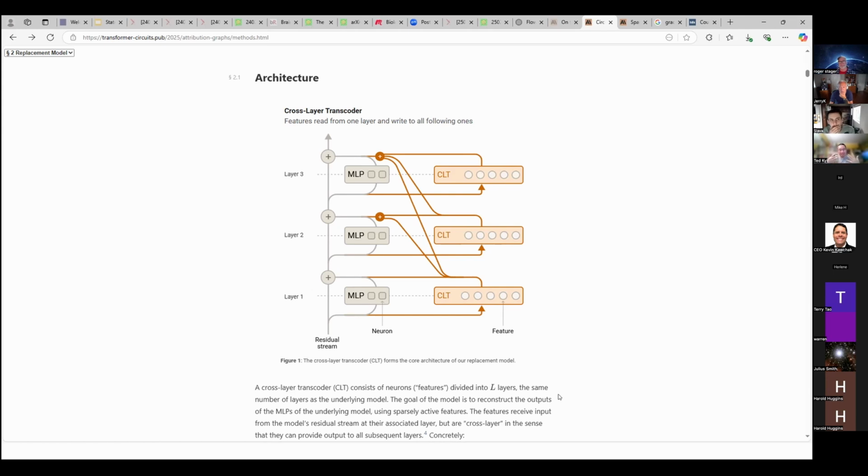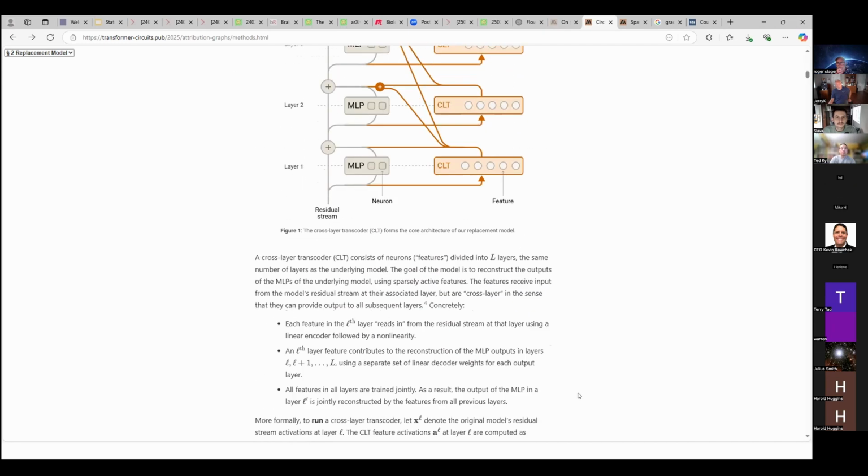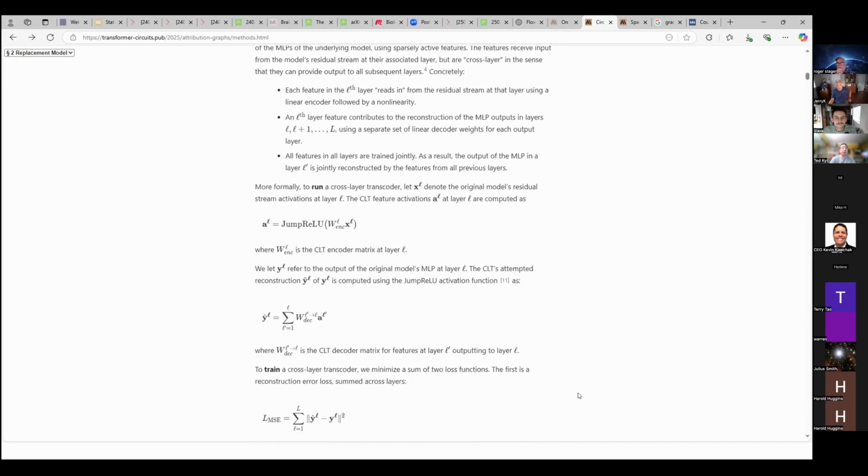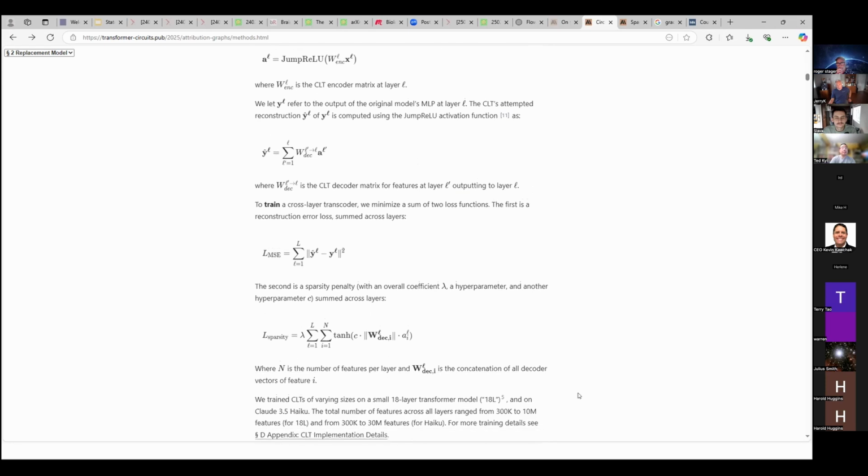But it's a 36 times more complicated thing that we're training, so to speak. And they have some details in here where they show some data that proves that the amount of error that they have from this CLT is lower than the error you get from 36 individual layer transcoders. It's doing a better job of picking out these concepts.